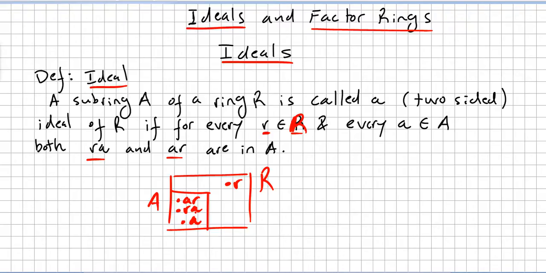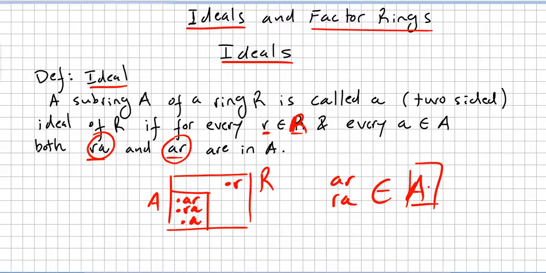When you do both products, AR and RA, they both are in the subring A. If this happens, we say that A is an ideal of the ring.